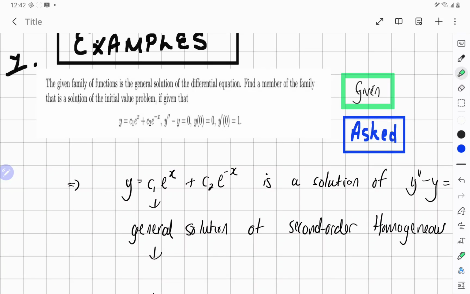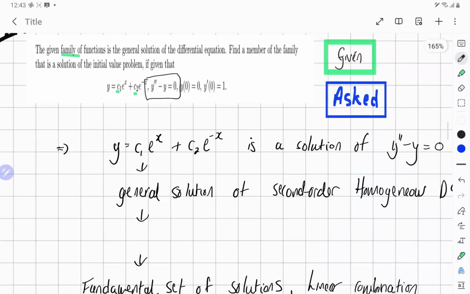Now they say the given family of functions is the general solution of the differential equation. So they do it the other way around. They give us a family of functions that is the general solution. Why a family of functions? Because we have C1 and C2. And it is a family of functions for our second order differential equation.